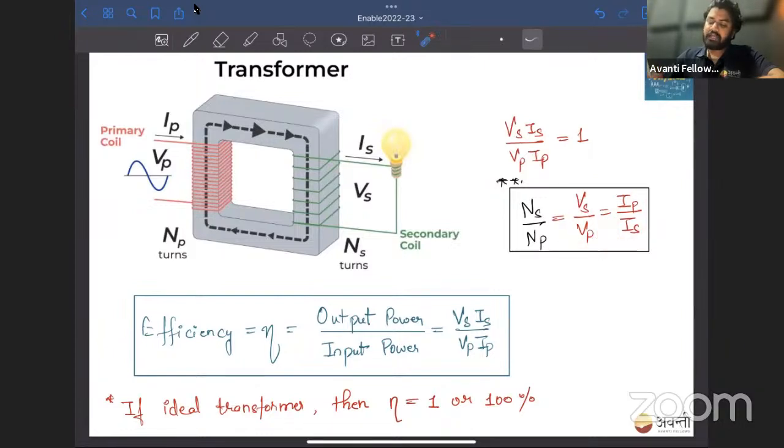Similarly, VS upon VP, secondary voltage upon primary voltage, is equal to the number of loops or turns in the secondary upon the number of turns in the primary coil, NS upon NP. So this is very important. Please note it.